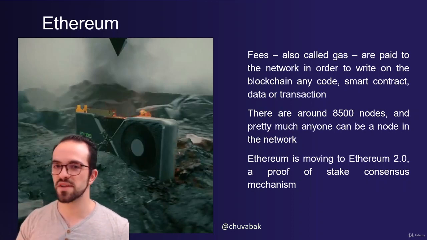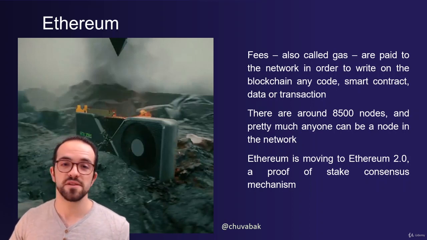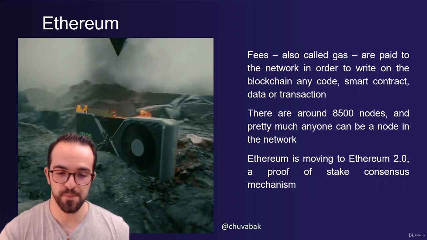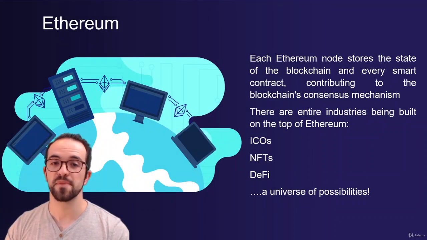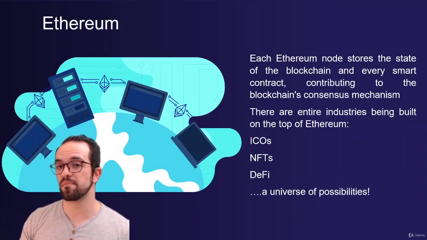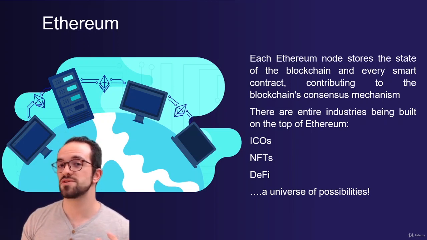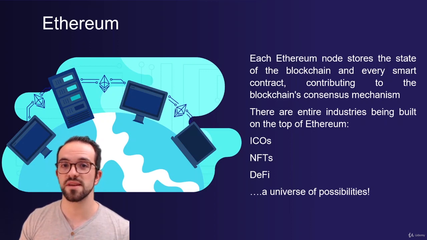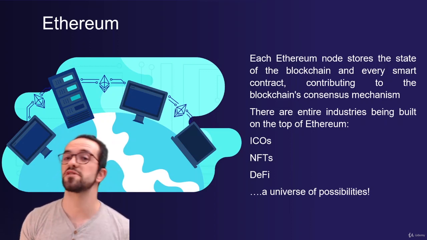And we are going to detail what smart contracts are a bit later, so no need to worry about what smart contracts are now. But yeah, you can basically build anything on top of these smart contracts using a programming language called Solidity. And these programs run on the EVM, the Ethereum virtual machine.